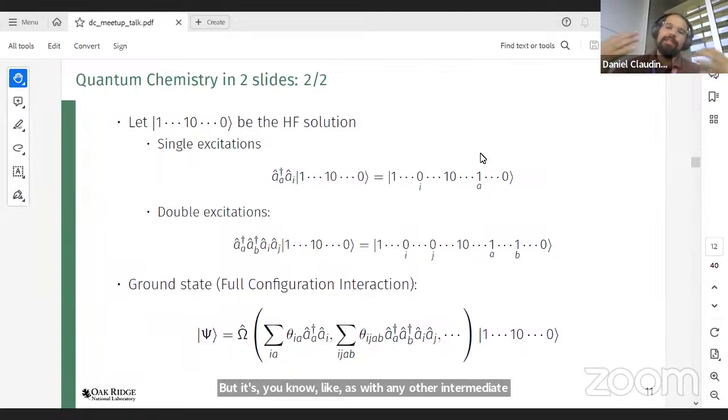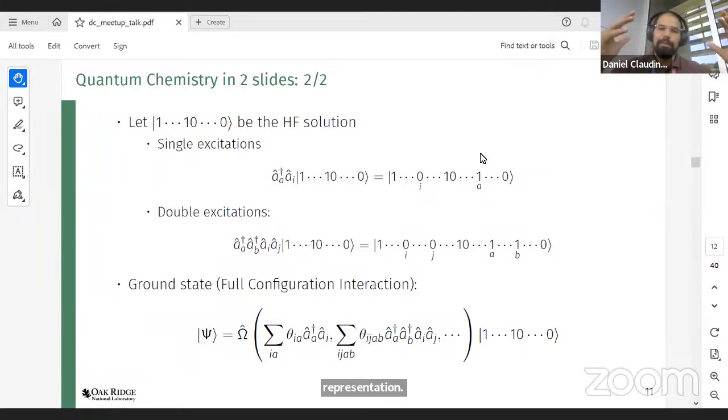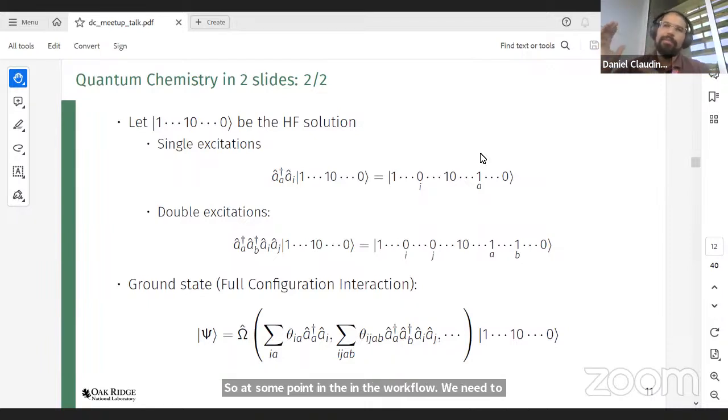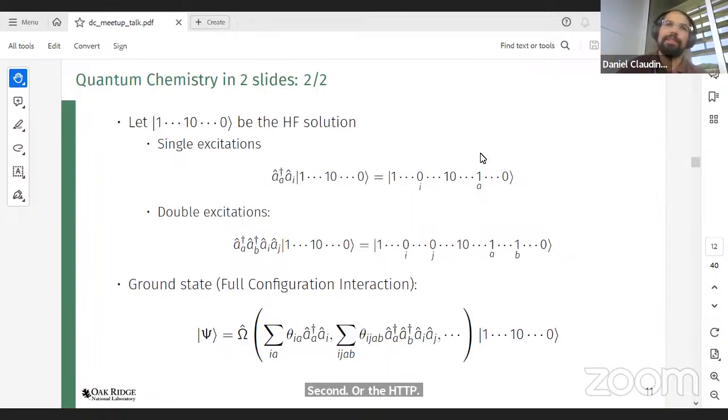At some point in the workflow, we need to know the structure and the type of data format that the backend receives. Right now it's all cloud servers, so we do all the HTTP communication with the cloud server.